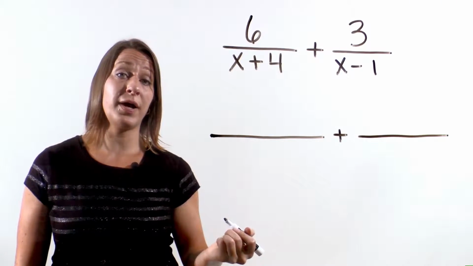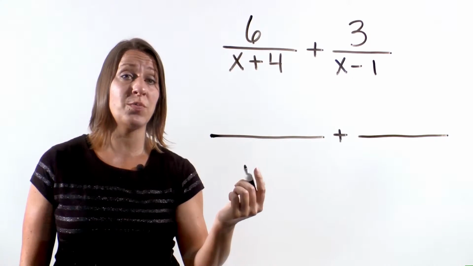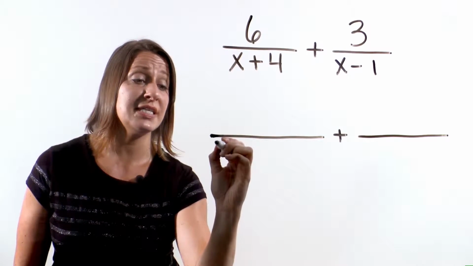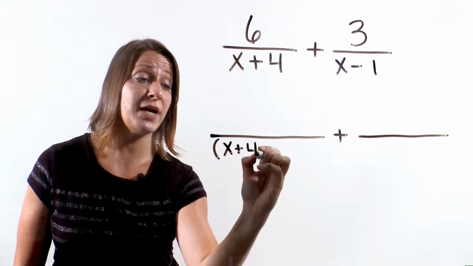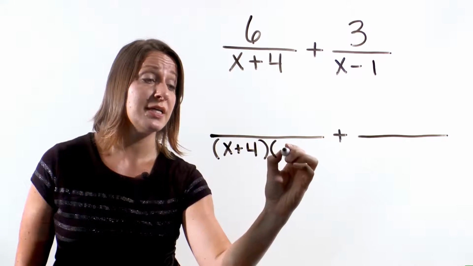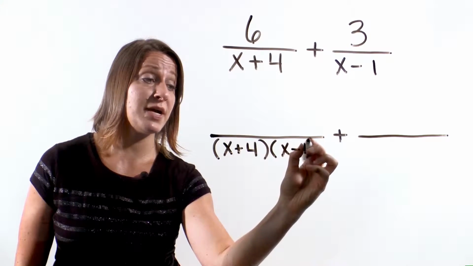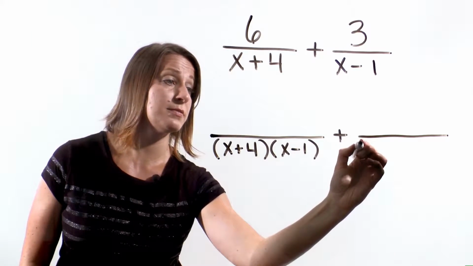We're going to rewrite the problem, and this time, since we have two binomials, the easiest way to do this is to have a common denominator using both binomials. So our common denominator will be x plus 4 times x minus 1. And make sure you put parentheses around those binomials.